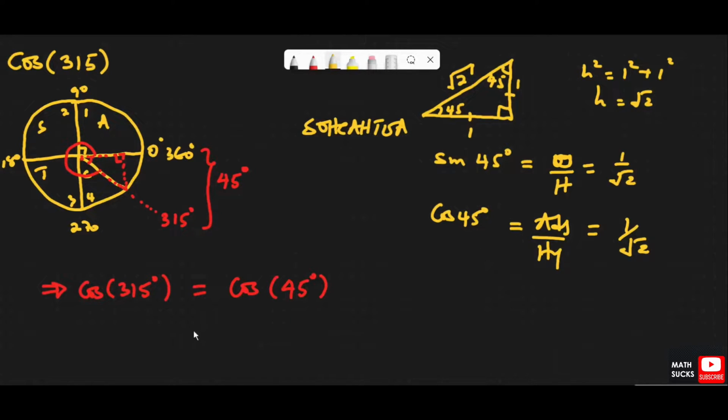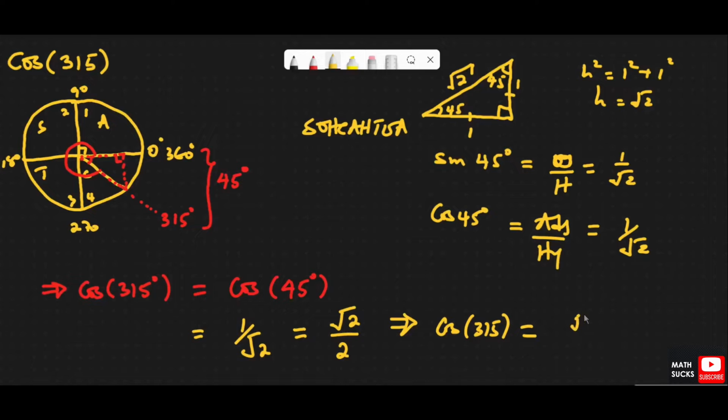You can rationalize by multiplying up and down by root 2, and that gives us root 2 over 2. And so we can confidently say that cos of 315 is equal to root 2 over 2.